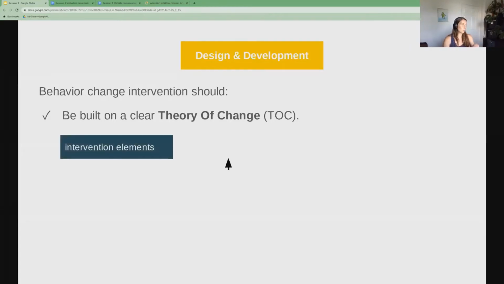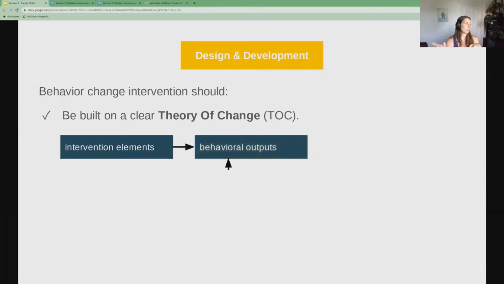elements. So we're using our intervention and certain elements of our intervention, and they are designed to have certain behavioral outputs. If we look at our composting example, we might decide that the best way to get farmers to start composting is by offering them a monetary incentive.